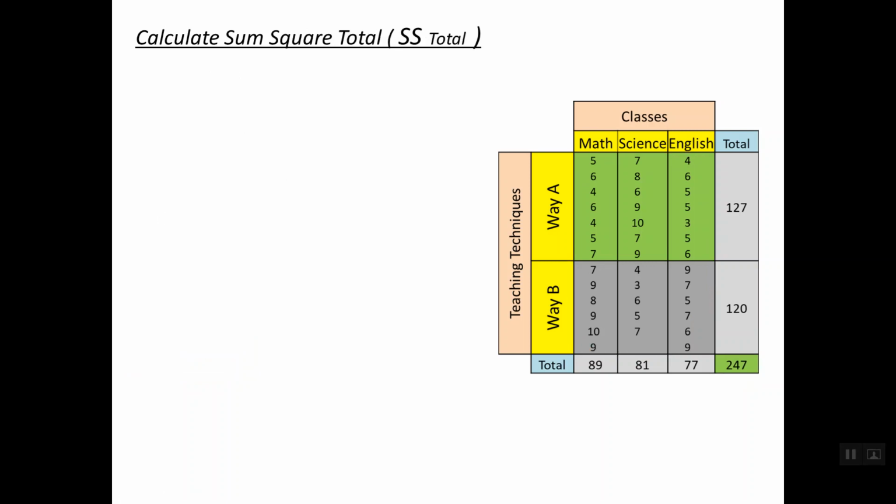Now we can simply calculate the sum square total, or the SS total. The formula for calculating the SS total is simply we sum all of the squares of the observations and then subtract the correction factor.